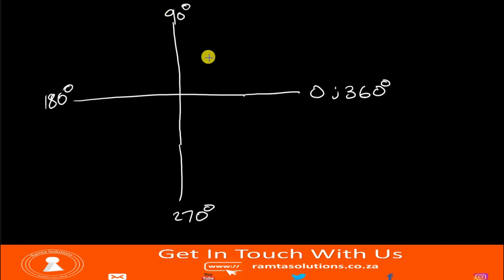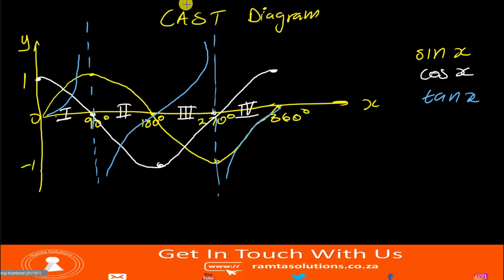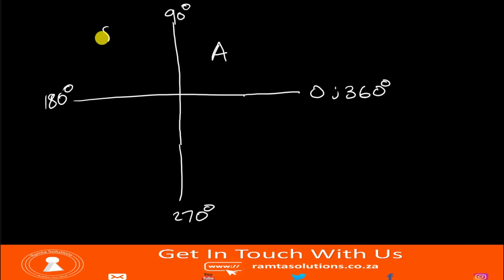That is the A. Now let's go to 90 to 180. Only sine is positive. Can you see that?